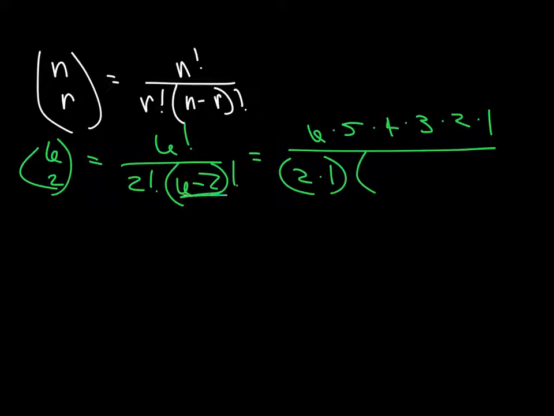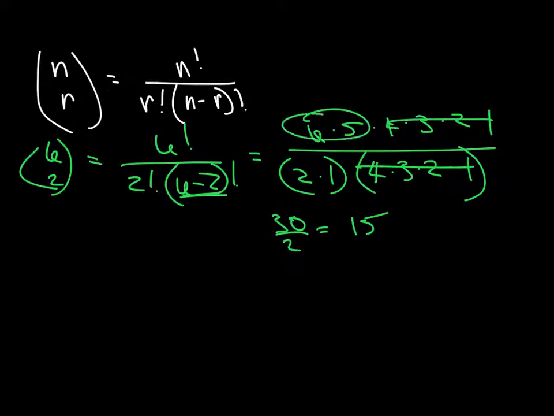And 6 minus 2 is 4. It just tells you where to start. Okay, 1, 2, 3, 4, 1, 2, 3, 4. So I have 30 over 2 equals 15.